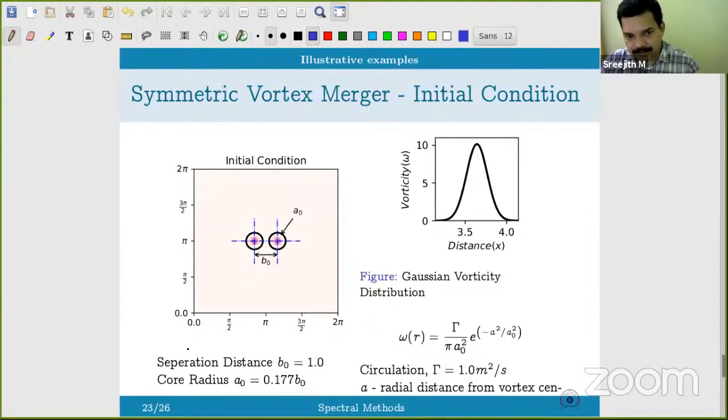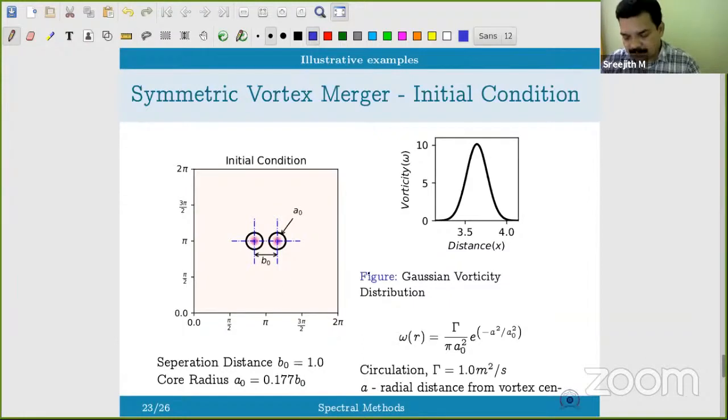It's a 2-pi periodic domain, and they are separated by a distance d0. The core radius of the vortices is a0, and it has a Gaussian vorticity distribution. That means at the center of the vortex, the vorticity is maximum. It goes to 0 at infinity. So that's the initial condition given.